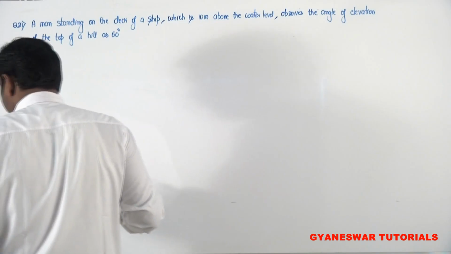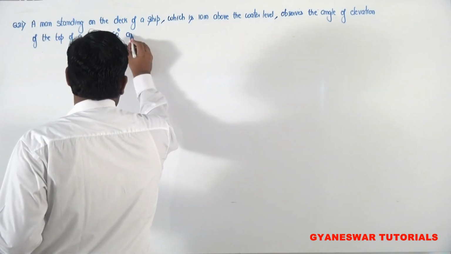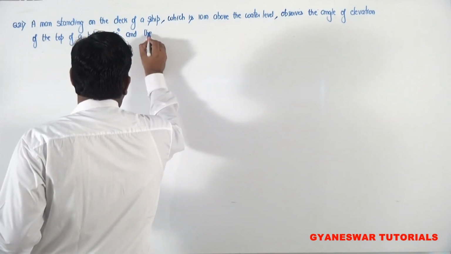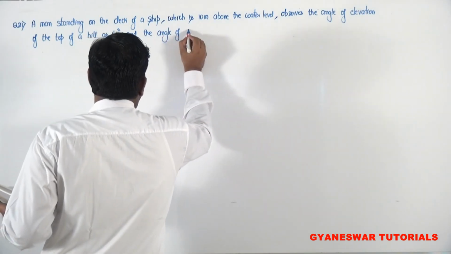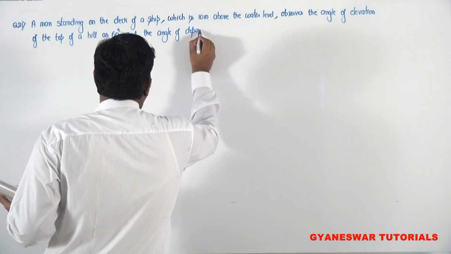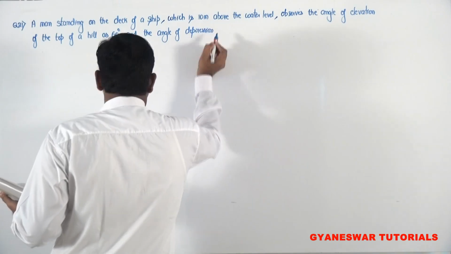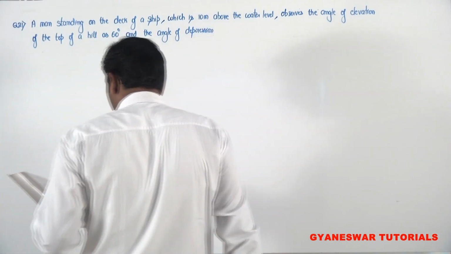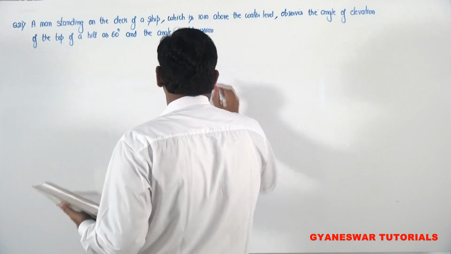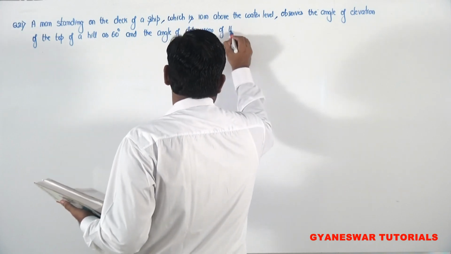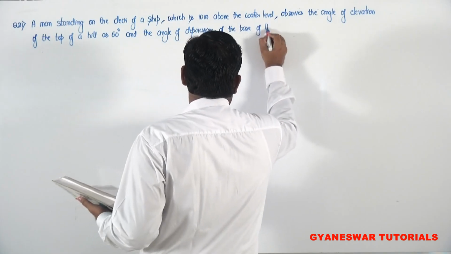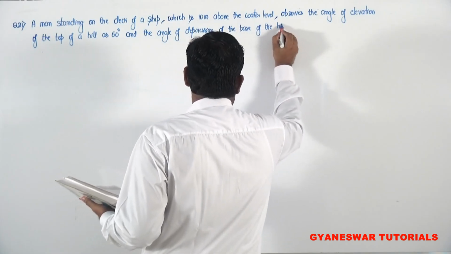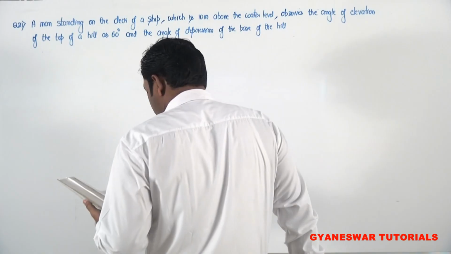and the angle of depression of the base of the hill as 30 degrees.